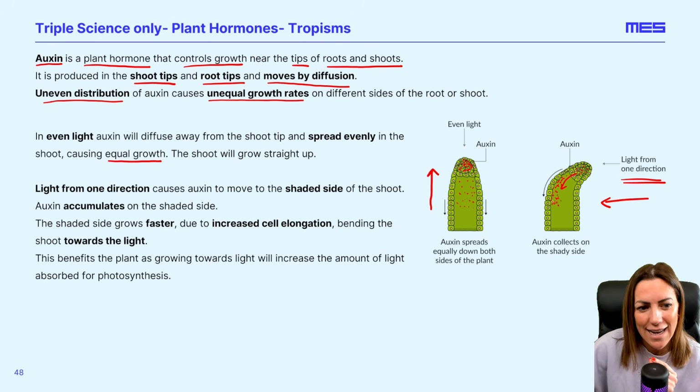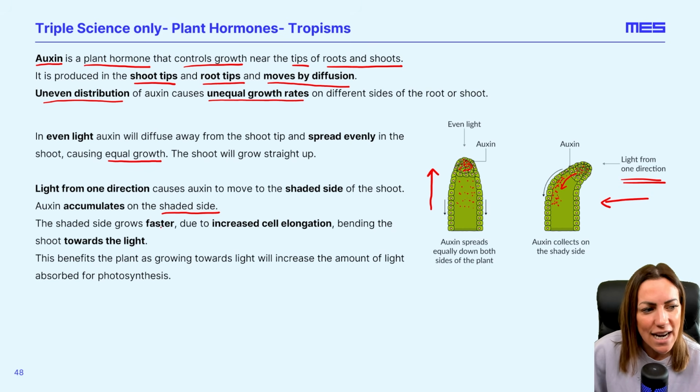I always think of it like auxin likes the dark side. It goes to the dark side. Is that Star Wars? I think that's Star Wars. Goes to the dark side. So auxin diffuses and it accumulates or builds up on the shaded side. There's a higher concentration of auxin on the shaded side.